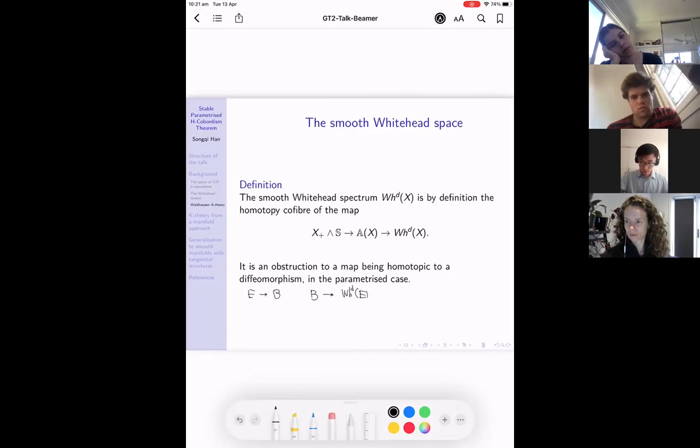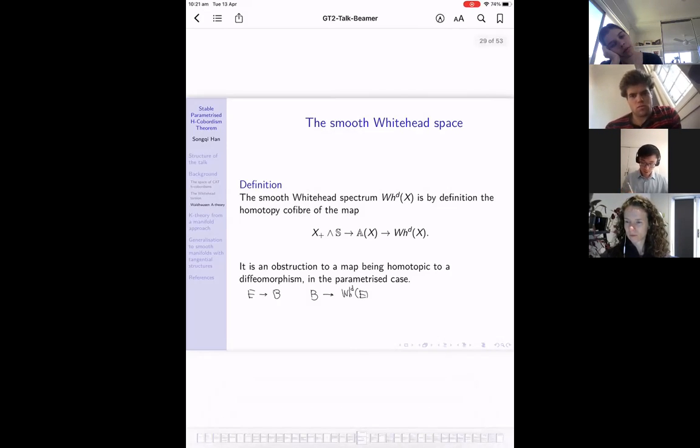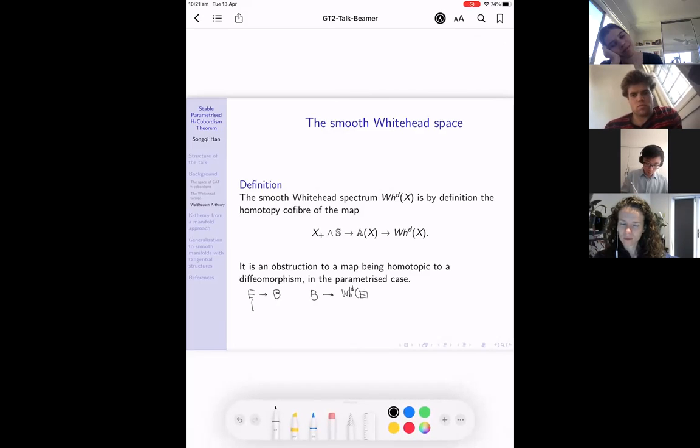And this map being null homotopic is an obstruction to this bundle being fiber homotopic to it. So suppose we have a bundle map to E prime.